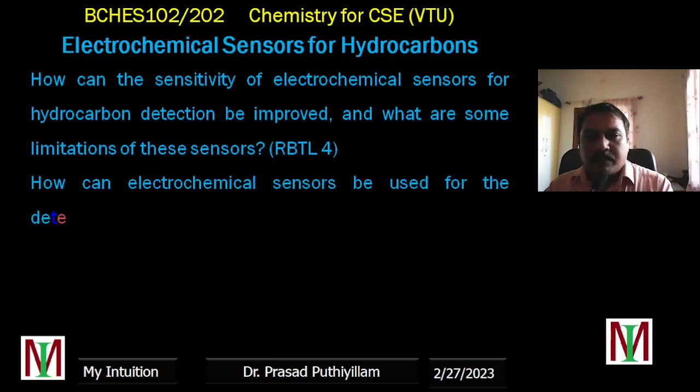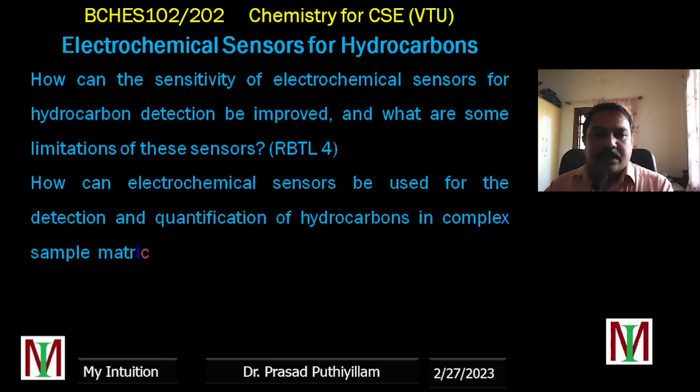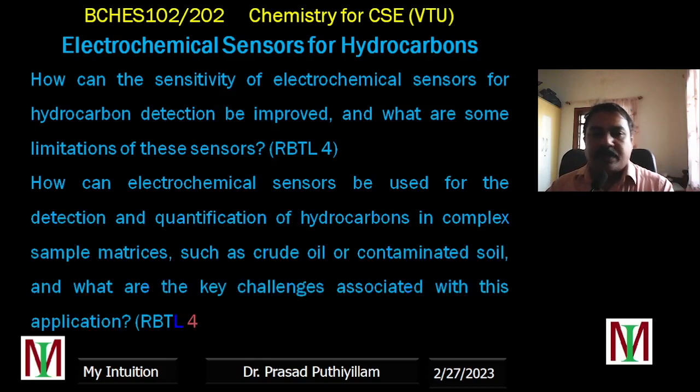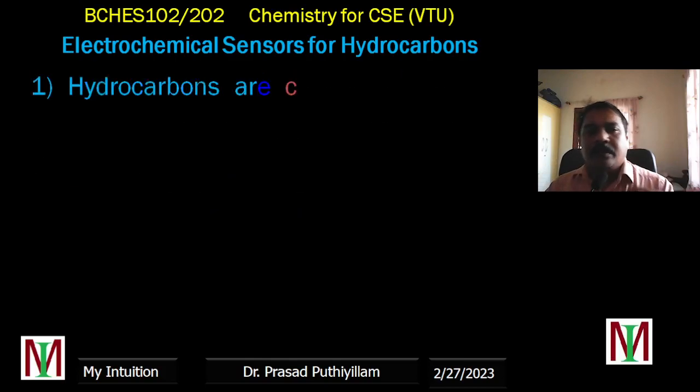How can electrochemical sensors be used for the detection and quantification of hydrocarbons in complex sample matrices such as crude oil or contaminated soil? And what are the key challenges associated with these applications? Again, level 4 question. So the notes which I prepared will cover all these 4 questions.